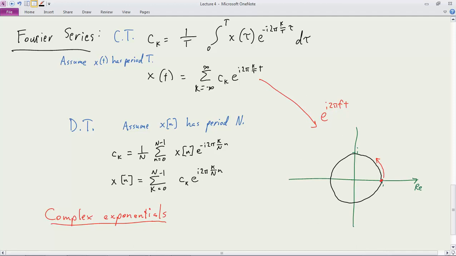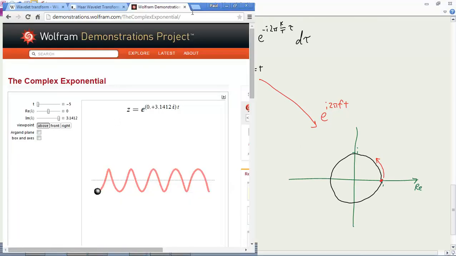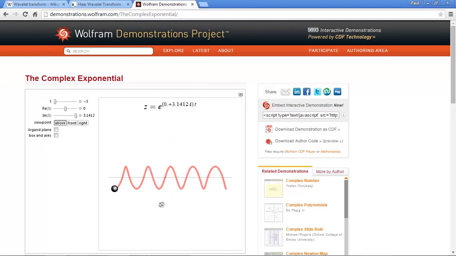Here's a visualization that might help. This is a three-dimensional plot of e to the i pi t. How is it three-dimensional? Well, t is going along horizontally.